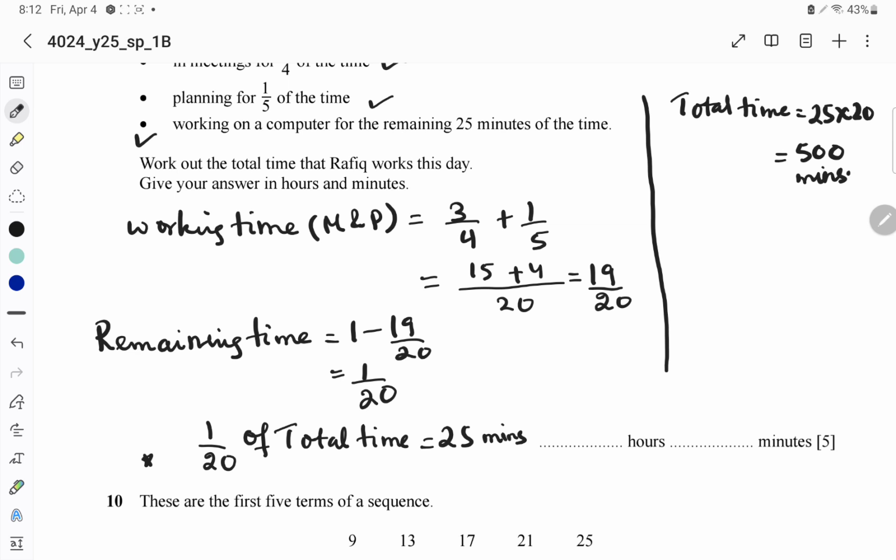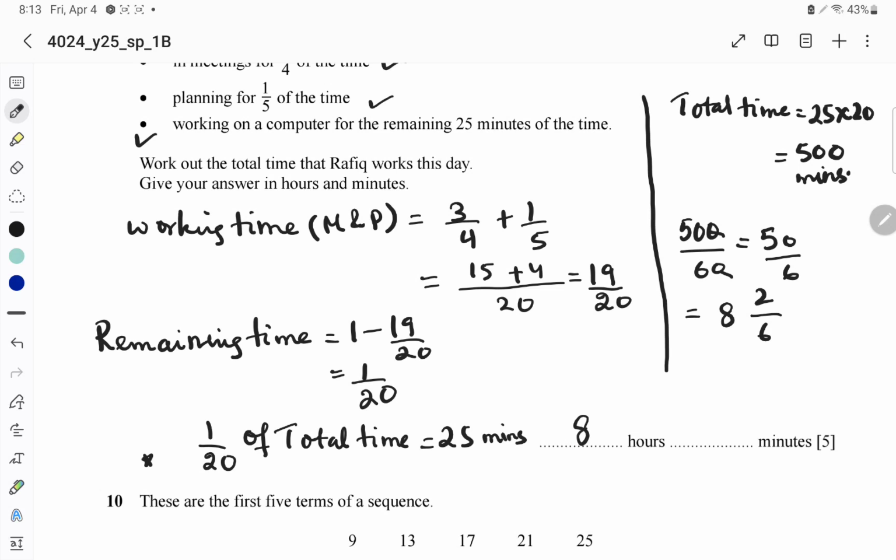Now we'll have to separate it into hours and minutes. So it means we change these minutes into hours. So we are going to divide 500 by 60, and cancel. So that is becoming 50 over 6. I'm going to change it into a mixed number. 6 times 8 is 48. 48, 49, 50. 2 is remaining. All right.